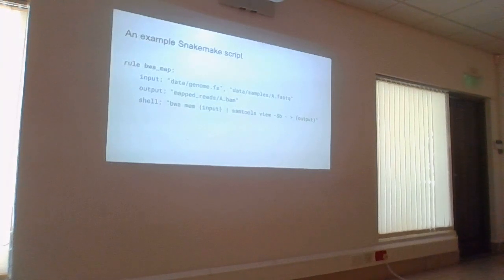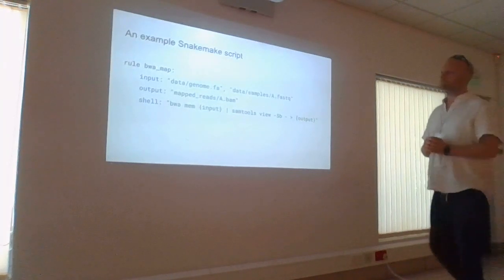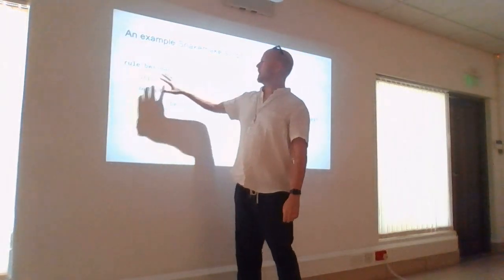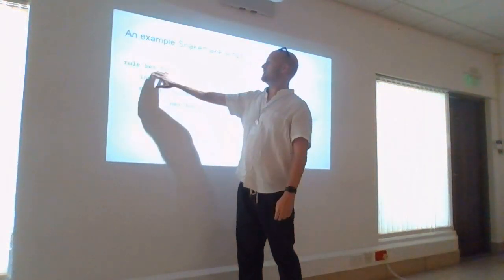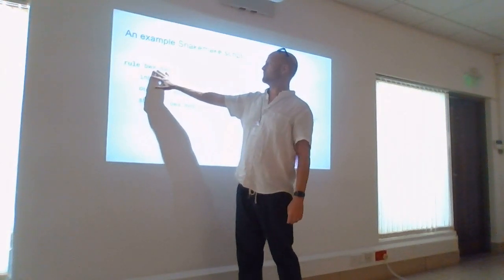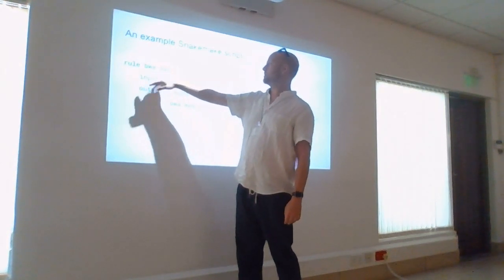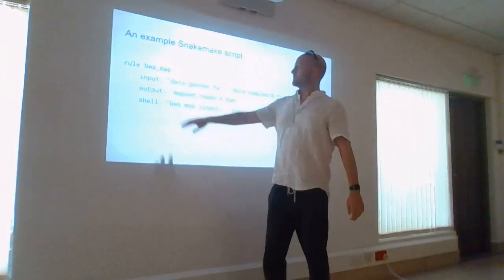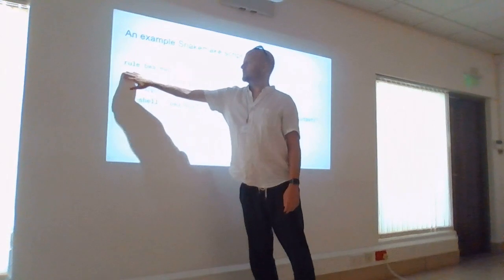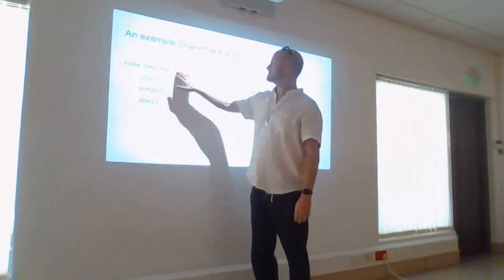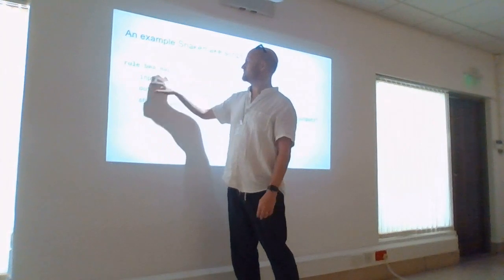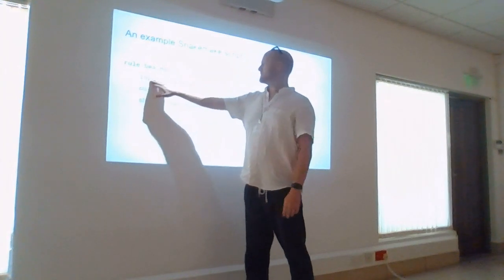This is an example of just one rule. We have the keyword rule, then the rule name that we've decided, bwa_map. We're going to map reads to a reference genome with BWA. Colon, then an indent, because we're in Python world, so this is Python syntax. Then we specify the input.